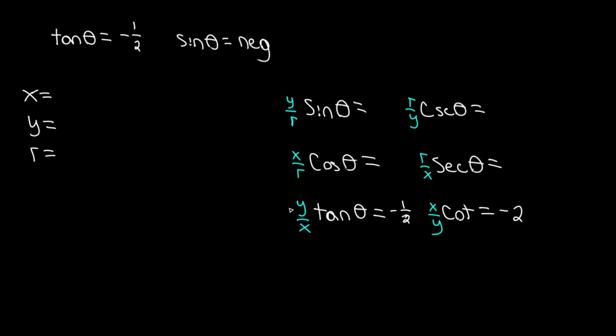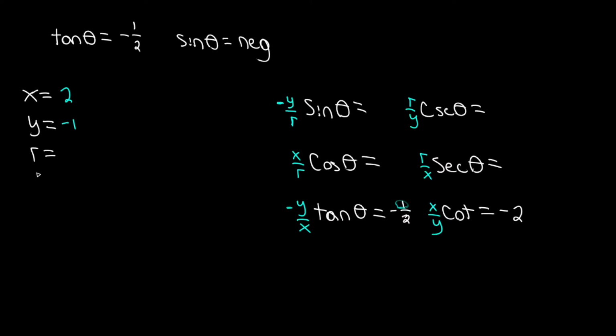Therefore, if we come down here, we know that this y is our negative. x can't be negative, because if it was, then our answer would come out to positive, because a negative divided by a negative is positive. So we know that our y is the -1, which means that our 1 up here is negative. So we can come over here and fill that in. -1, and we know that x is positive 2.